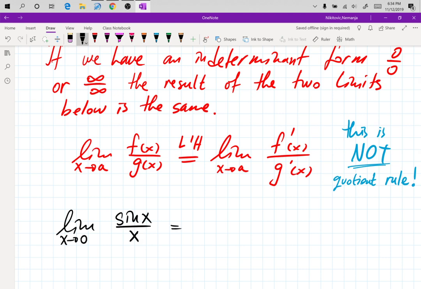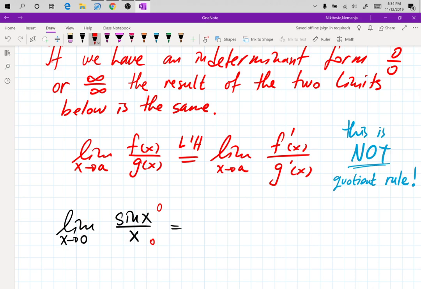When I plug in 0, because we know that the fastest way to solve limits is to just plug the value in and hope nothing explodes, in this case you get sine of 0 is 0 divided by 0, and this is where you have your indeterminate form of 0 divided by 0.